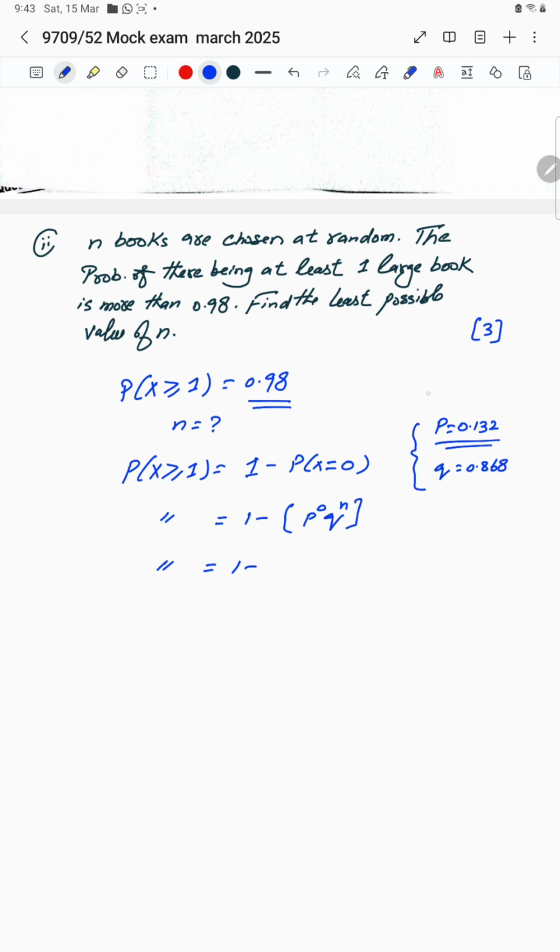This we have done from part A, the first part. So we can say 0.868 power n, and it's given that it's greater than, at least, greater than or equal to 1.